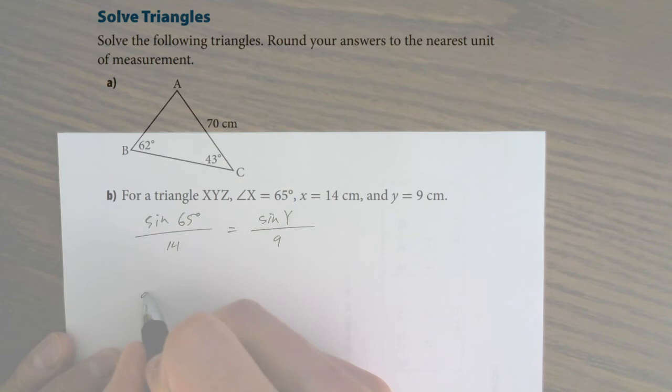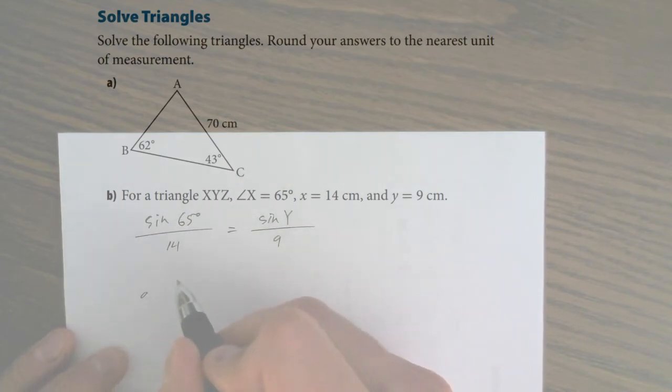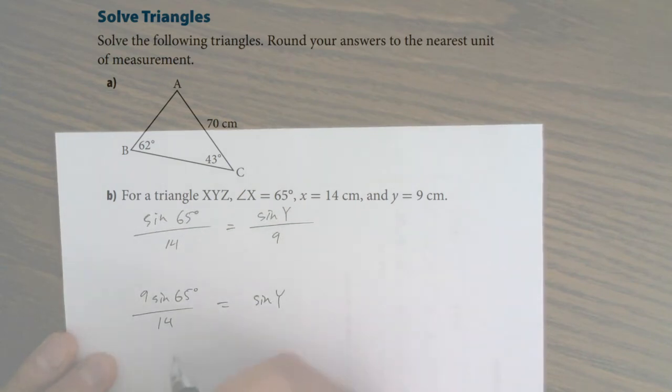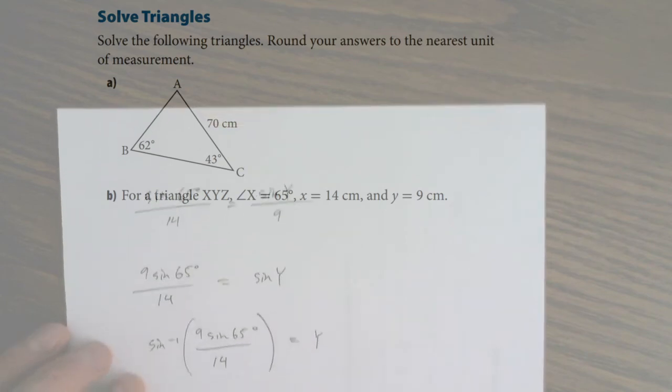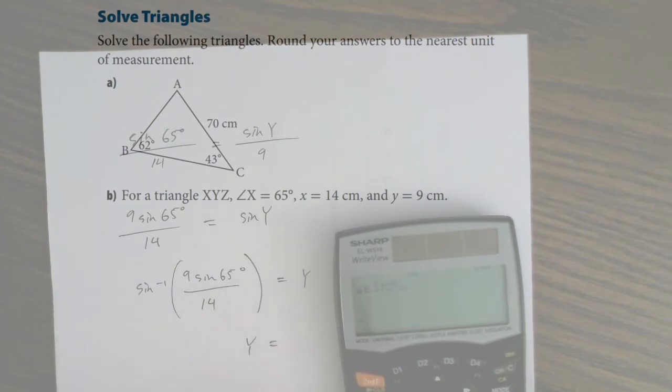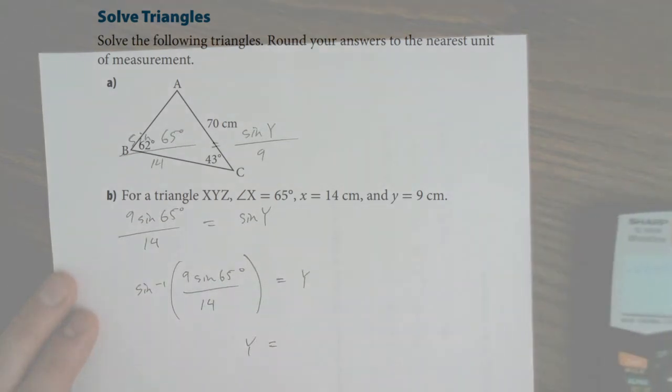So multiply both sides just by 9 to give me sine Y. And then I'm going to take the sine inverse, and we get y. .6 degrees.